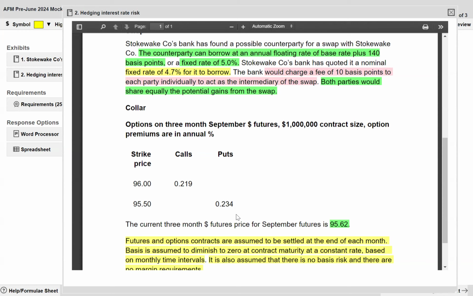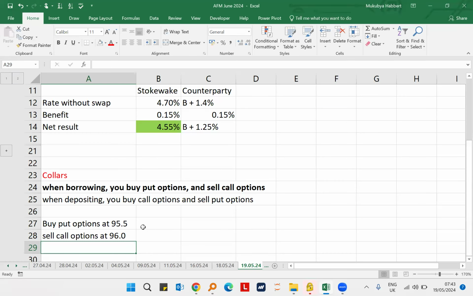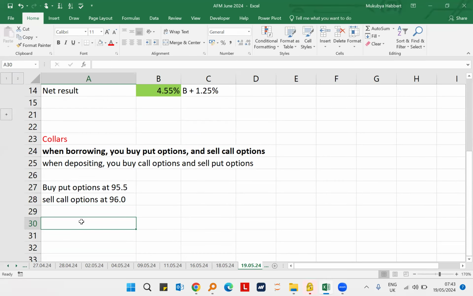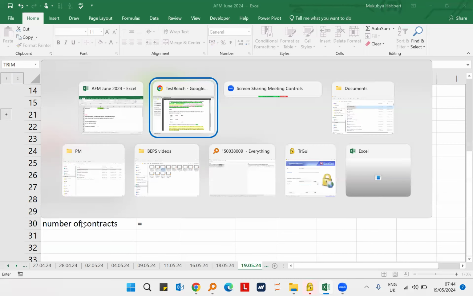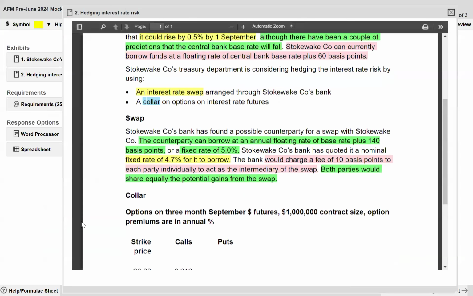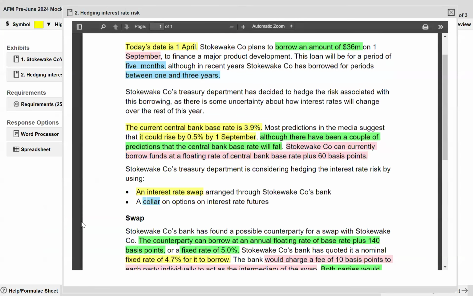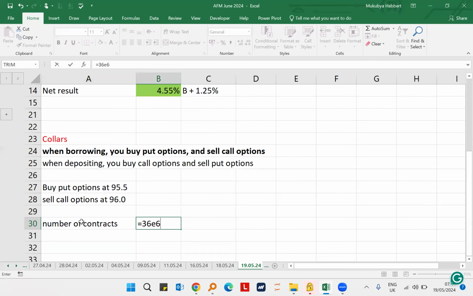So to get the number of contracts, you take the money that you want to borrow, 36 million, divide it by 1 million, that's the contract size.